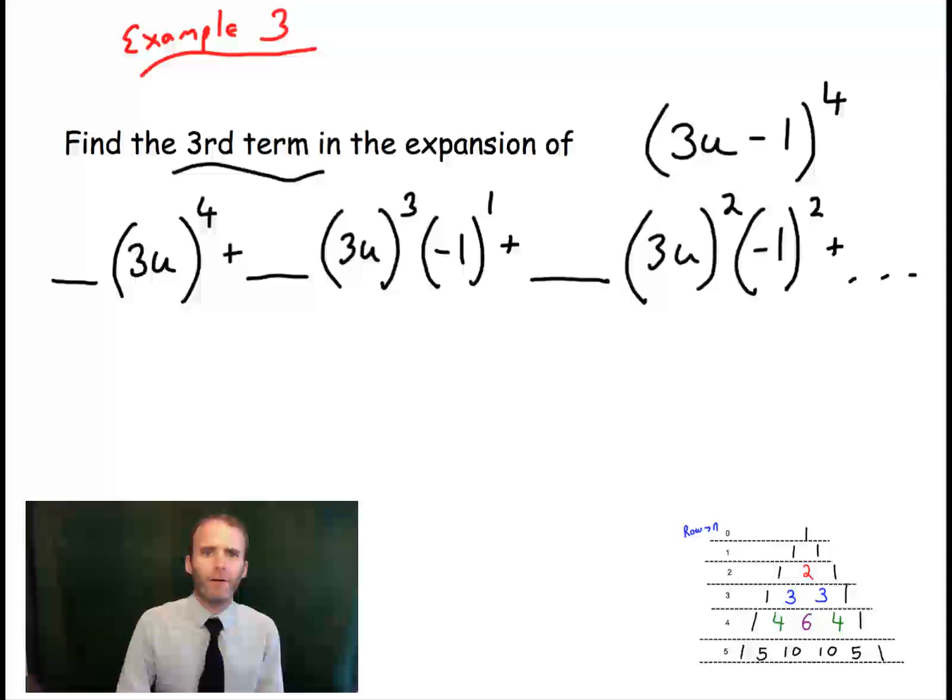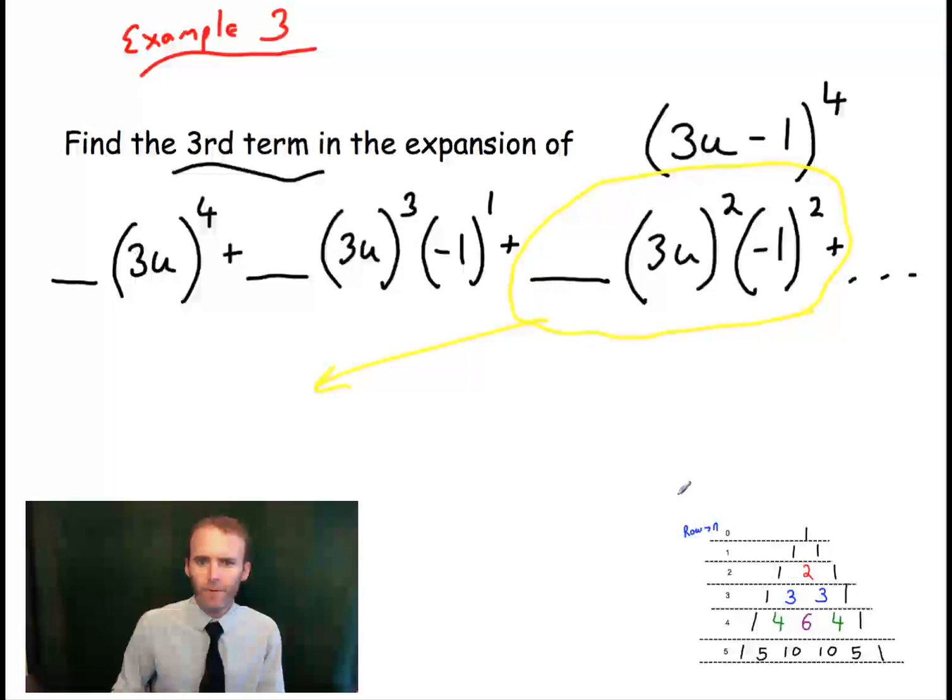Now note that I don't have to go any farther because this is my first term, my second term, and this is my third term. This whole thing is my third term. So I only need to figure out what this third term is.